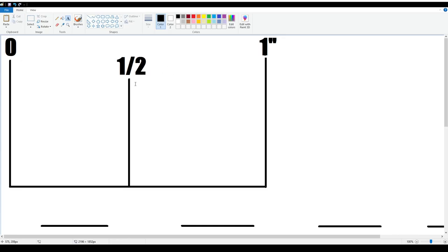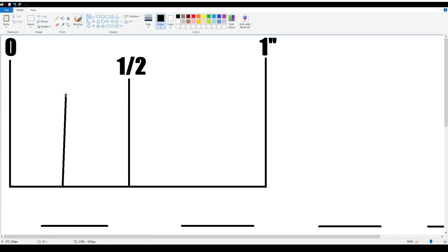What do we have? We have a 1/2 inch here for our next tallest vertical line. So we're going to make some more vertical lines using our line tool here. It's going to be halfway between 0 and a 1/2 inch and halfway between a 1/2 inch and 1 inch. And they're going to be a little shorter than our 1/2 inch line. They just go a little shorter each time. So again, just eyeballing it here.